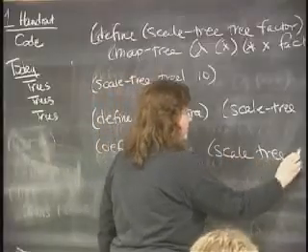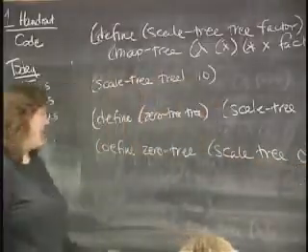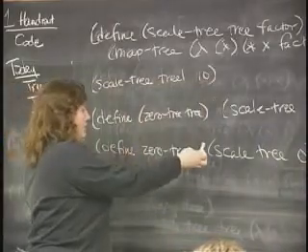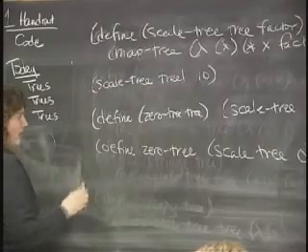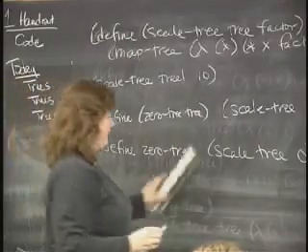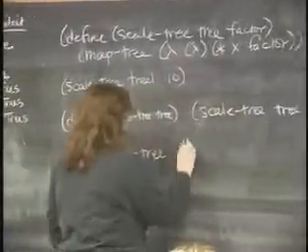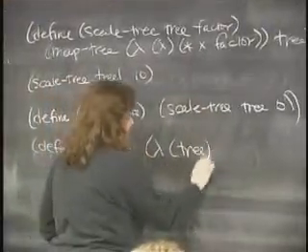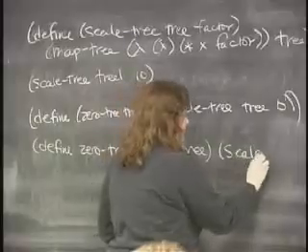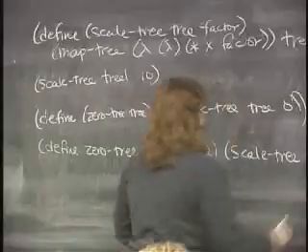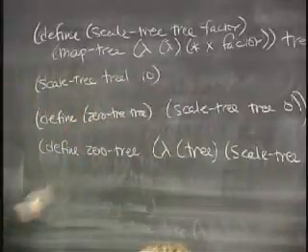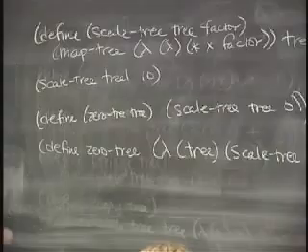How do I get the tree here? So I could define something that wraps it. So I could say lambda tree, scale tree, tree 0. Is that any different than actually writing it this way? It's a desugared version, right? So either one of those is going to be fine.